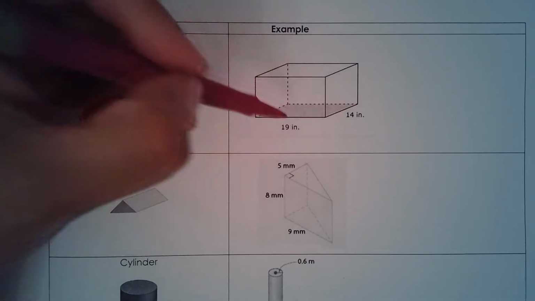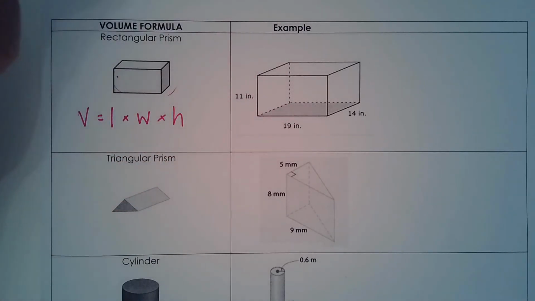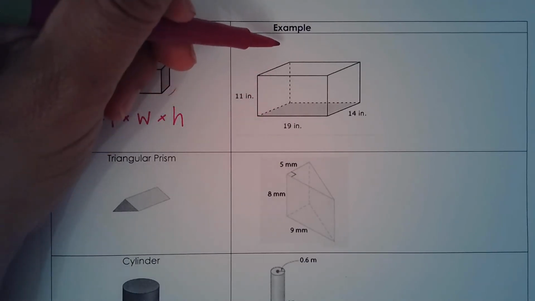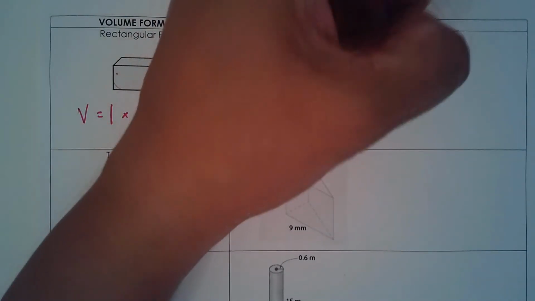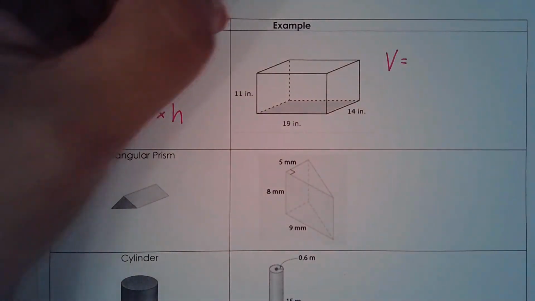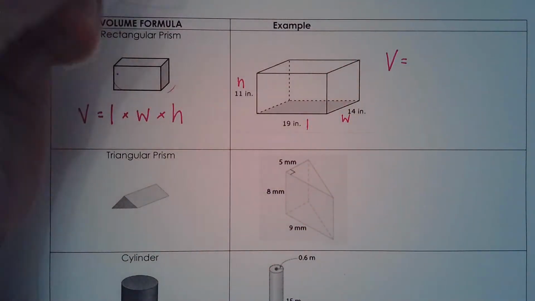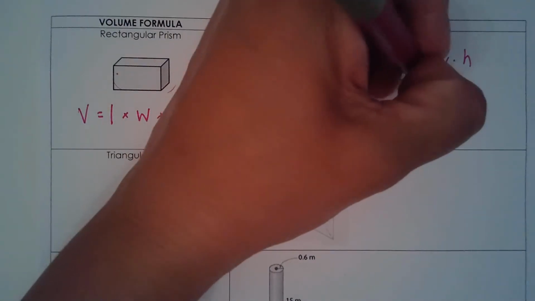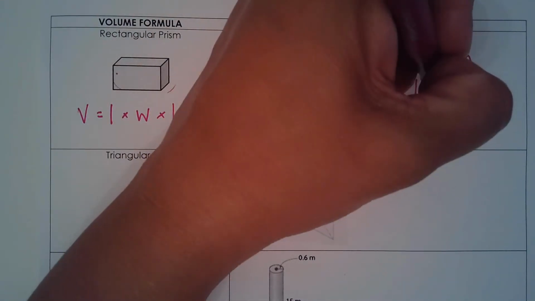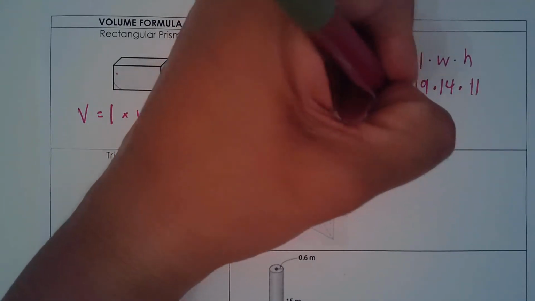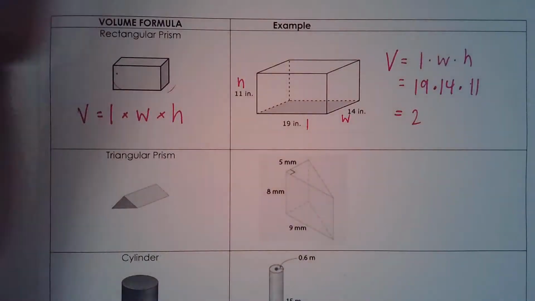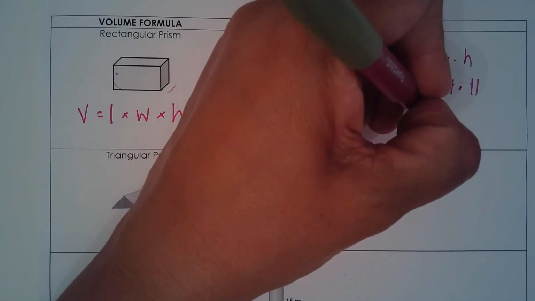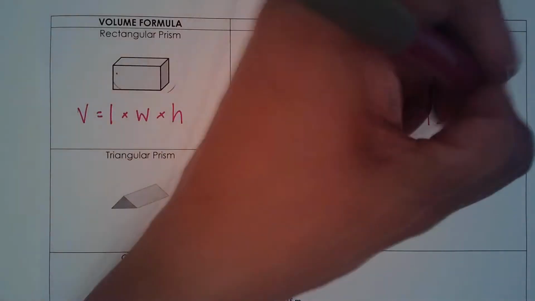This could be the length, this could be the width, and this could be the height if it was standing up. So the volume here is length times width times height. So 19 times 14 times 11. And plugging that into a calculator, we get 2,926 inches cubed.